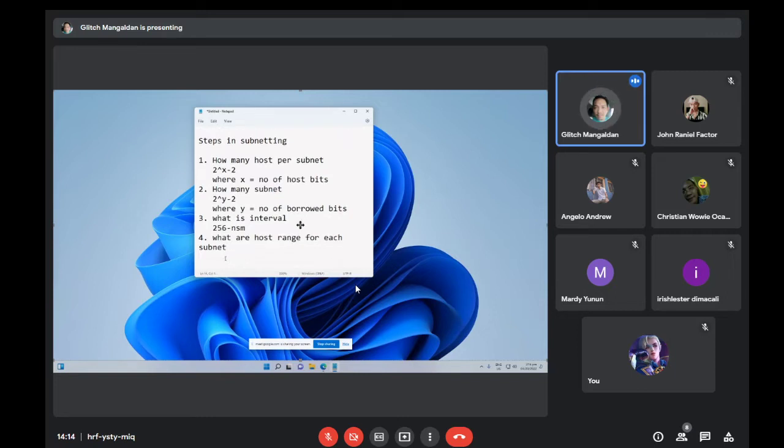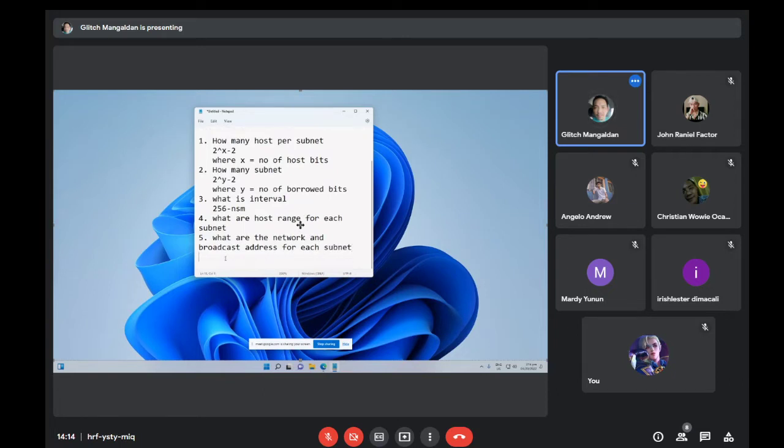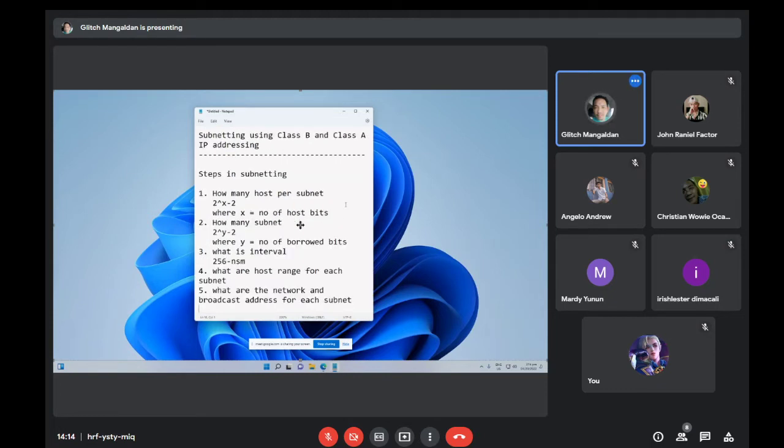And number 5 is what are the network and broadcast addresses of each subnet? So those are the questions that we need to answer in subnetting.